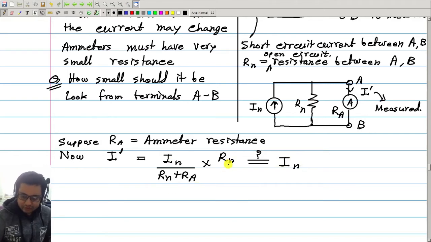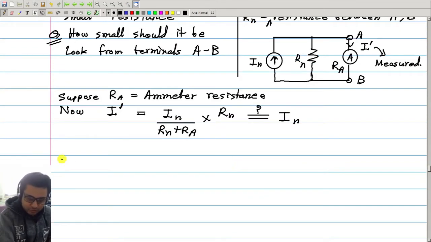So how much is the difference? How much is the error? Error will be the difference between these two, so In minus this quantity.